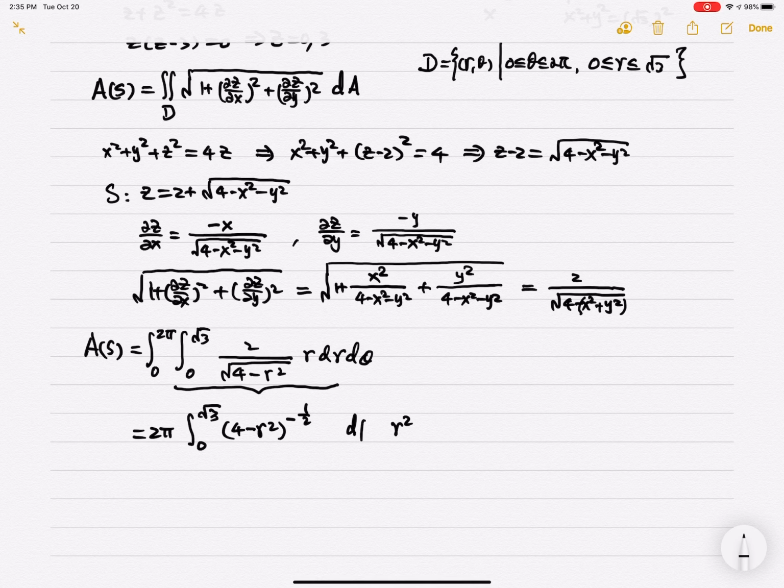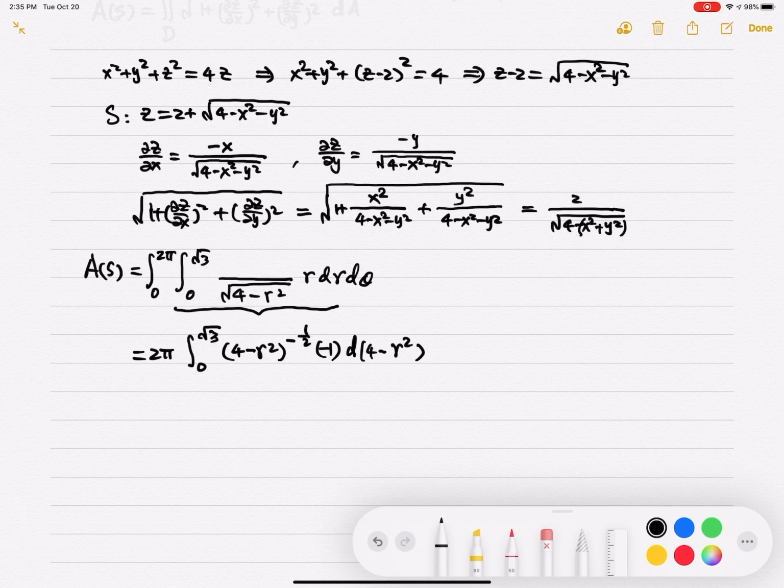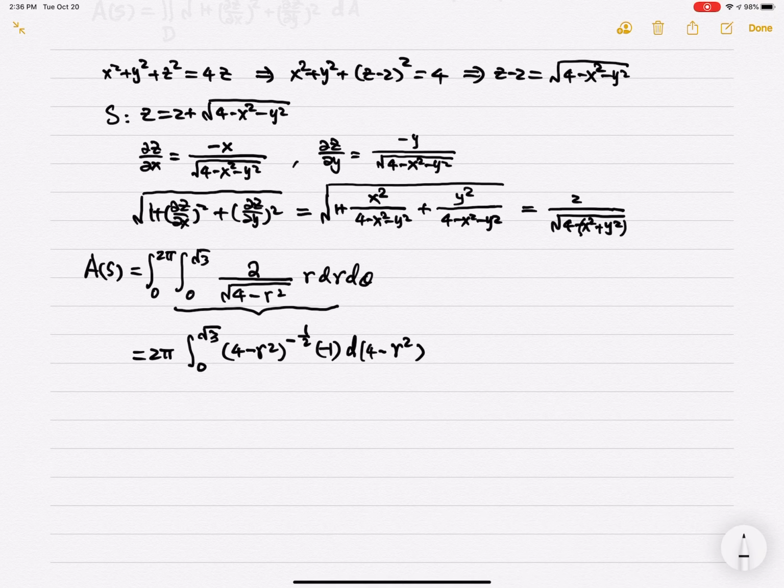But I can put it as d of 4 minus r squared and then put a negative 1 in front, because d of 4 minus r squared equals negative 2r dr. Okay, we do have the 2r dr. Let me write this 2 better. So this is a 2. So here we have 2 pi.